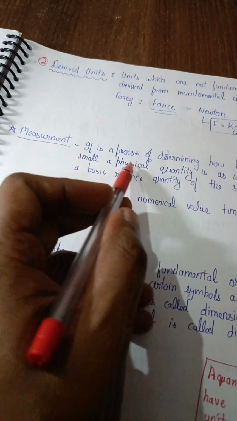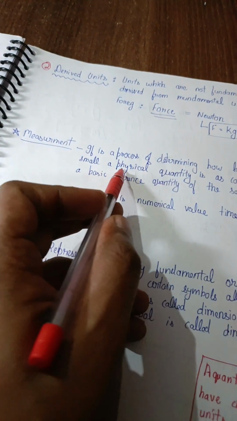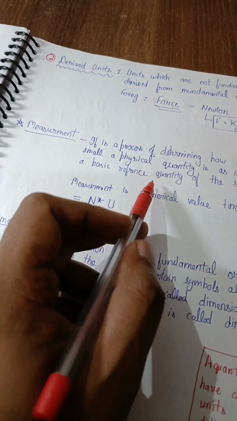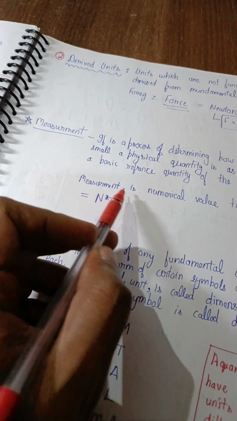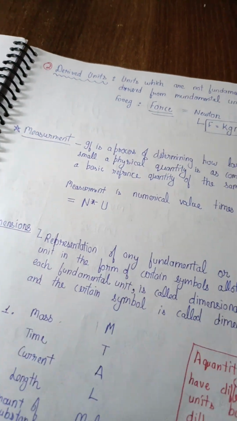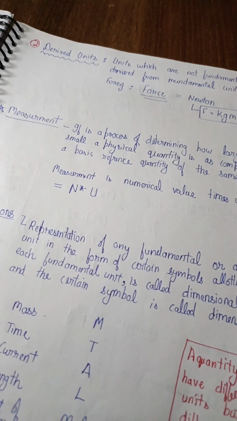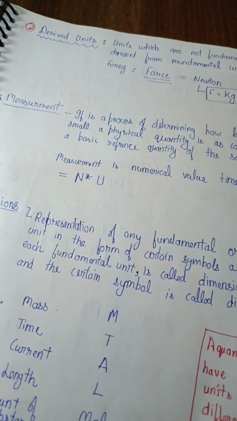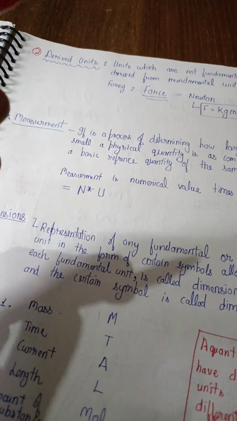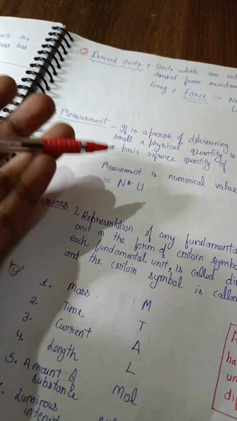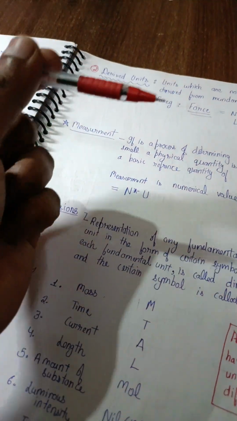Measurement is the process of determining how large or small a physical quantity is as compared to a basic reference quantity of the same kind. Measurement is a numerical value times unit. I don't think I have to explain this, but still, it is a process. How will you even know how big or small something is without measuring it?